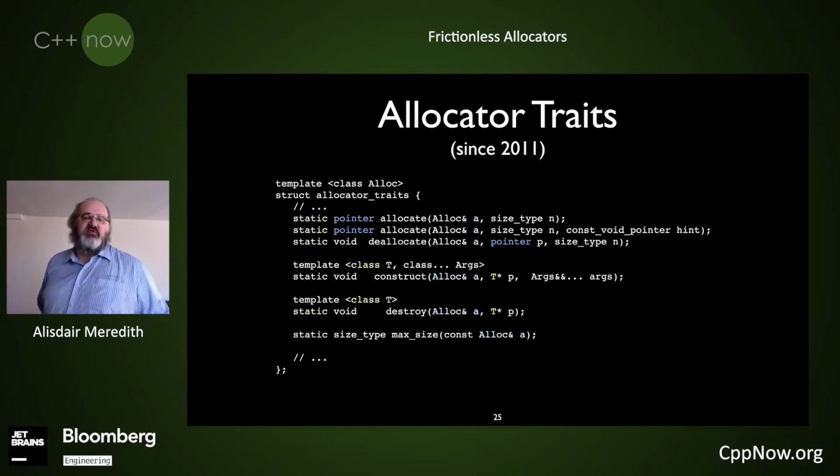And the interesting thing to notice is that the allocate and deallocate functions work with the pointer type, which means they work with whatever kind of fancy pointer for your shared memory or your video RAM, whatever extra services your allocator provides. But the other part of the interface is construct and destroy, which is a customization point.